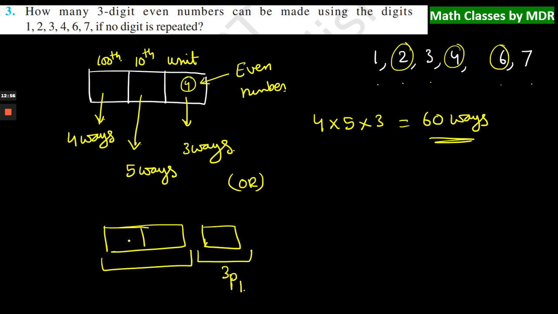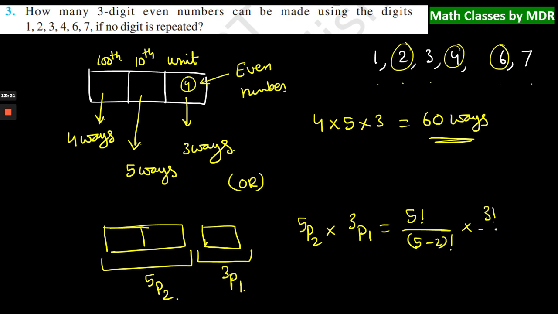And what about the second box? So once I have used 1 number here, how many numbers are available? There are 5 digits available here. So out of 5, 2 digits we are trying to arrange. So that is 5p2. Now 5p2 into 3p1 is your answer. So 5 factorial by 5 minus 2 factorial into 3 factorial by 3 minus 1 factorial.